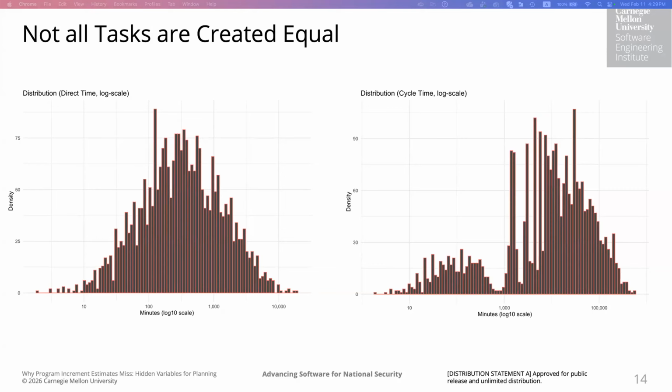So at this point, we wanted to understand whether task size introduced any structural differences. So we decided to cluster the tasks. We decided to cluster on the direct time, not the cycle time, because the direct time reflects the actual effort, and that's what we are trying to study. And the direct time is also a clearer signal, as we can see from the plot.